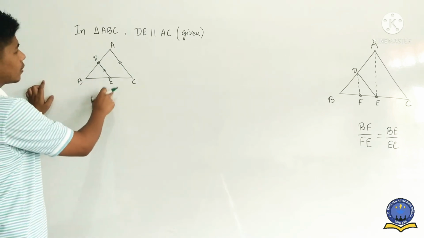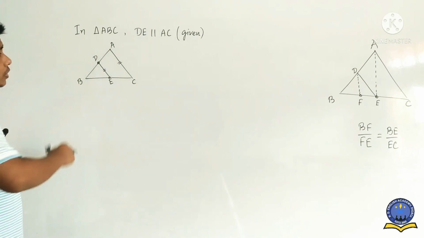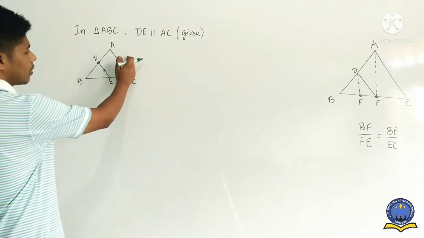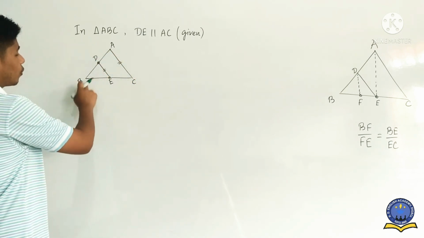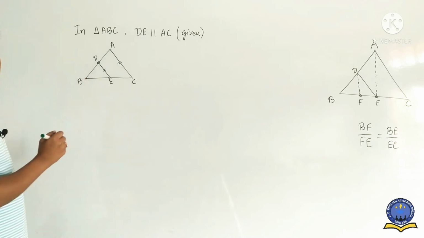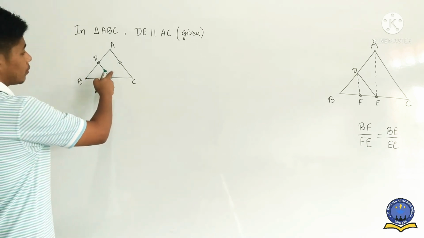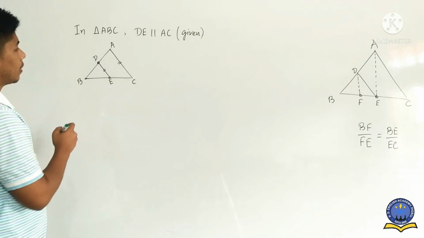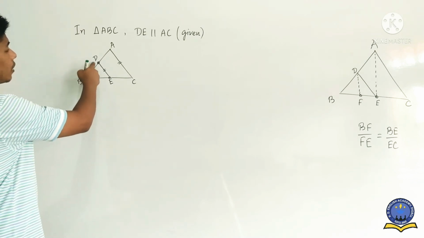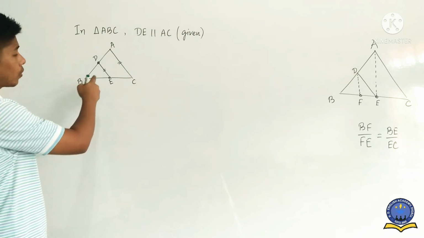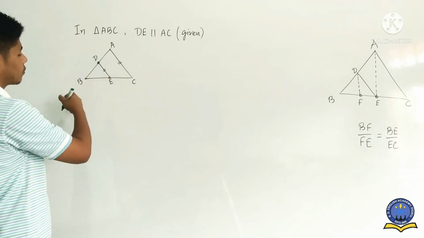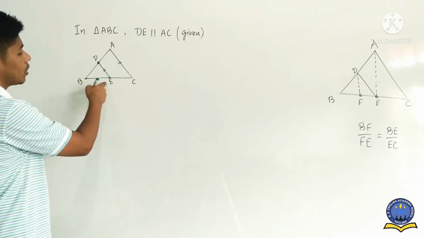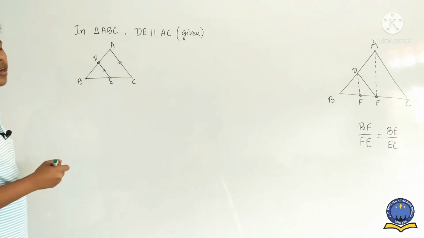If DE is parallel to AC, we can easily apply the Thales theorem here, for the third side and the opposite vertex B. Applying the Thales theorem, what do you have to write? BD by DA, because these two are parallel, is equal to BE by EC according to our Thales theorem.